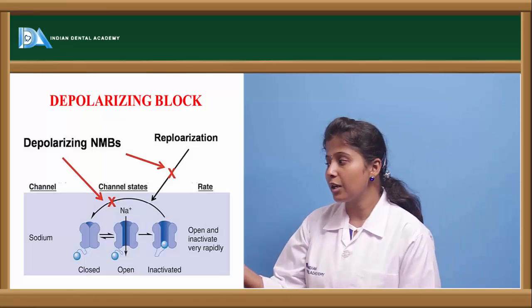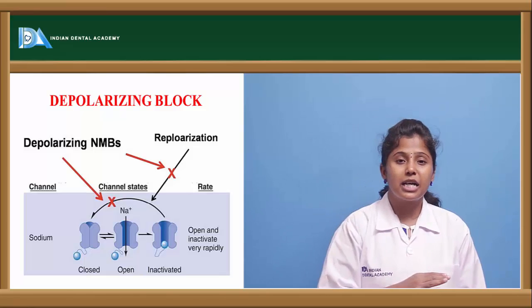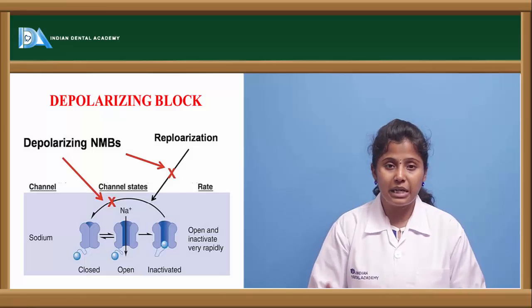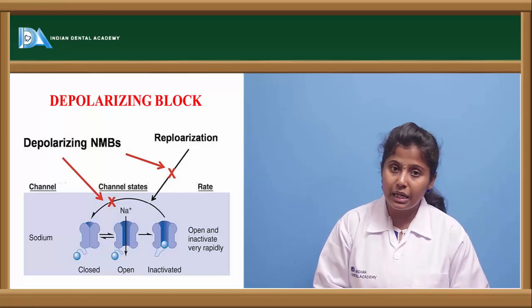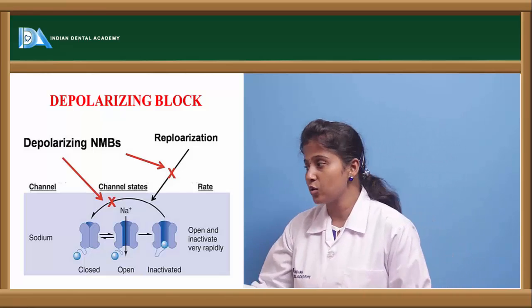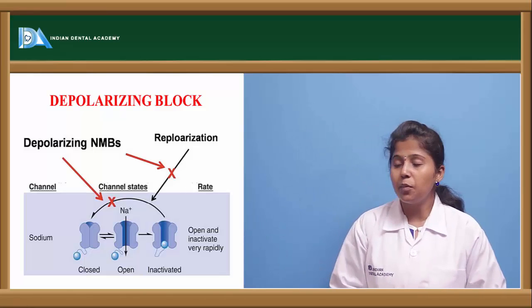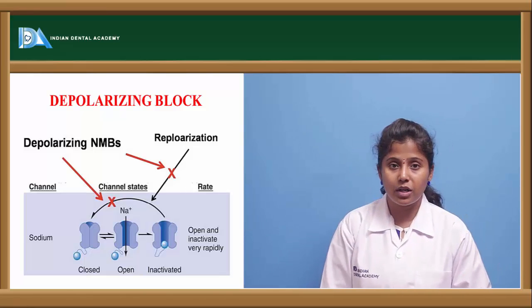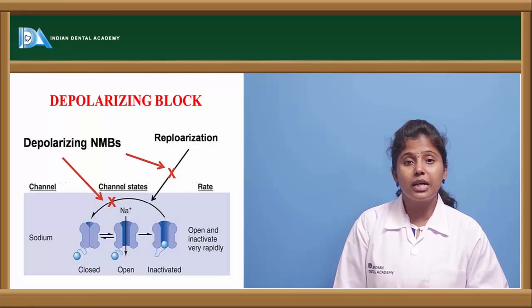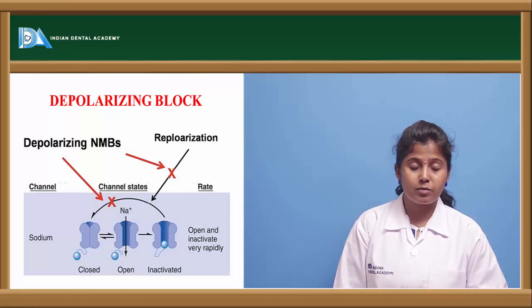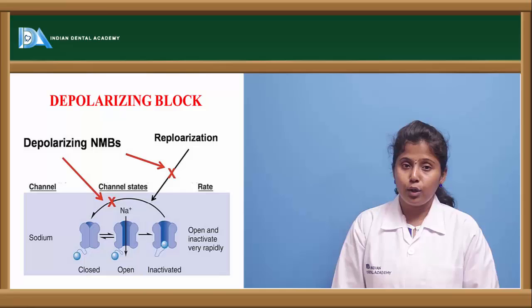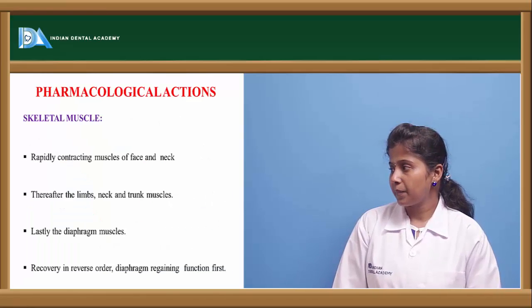In the closed state the channel is not blocked but it is completely closed, so it won't allow sodium to enter or exit. So these depolarizing neuromuscular blocking agents won't allow the sodium to enter into the plasma membrane, leading to the neuromuscular blockade.